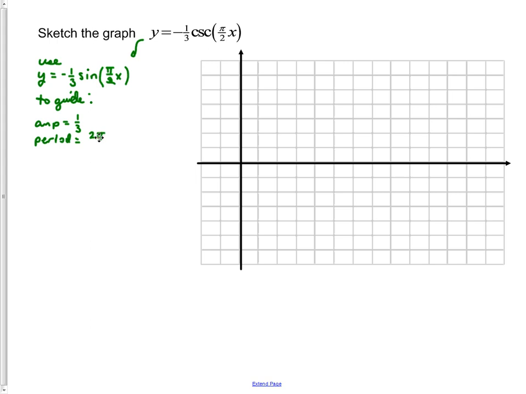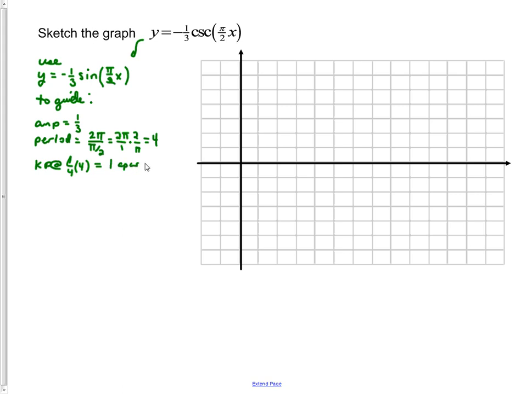So 2 pi divided by pi over 2. When we take the reciprocal and multiply, 2 pi times 2 over pi gives us 4. So our key points within one period are at 1/4 of that period apart. So 1/4 of 4, of course, is 1 apart.